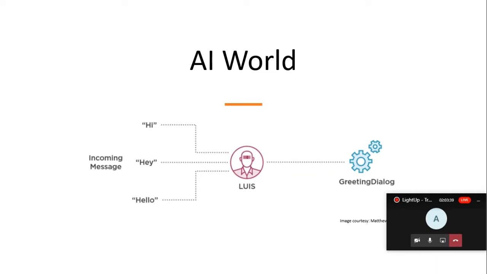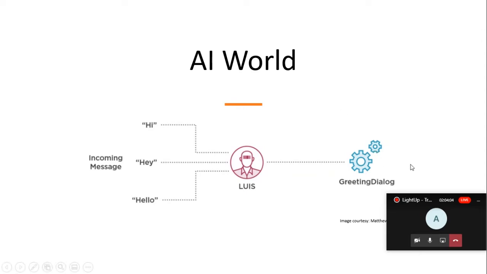Because at the end of the day, all these things mean a greeting, right? So here sits LUIS in between. We will train the LUIS model with all these probable messages which a bot can receive, and after getting complete information, it will navigate it to the bot.